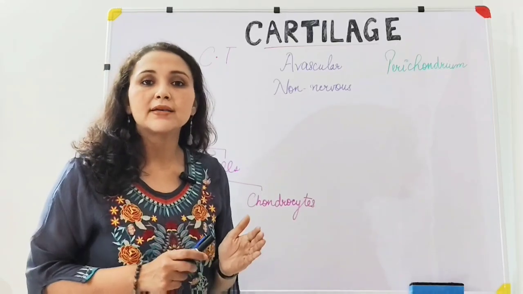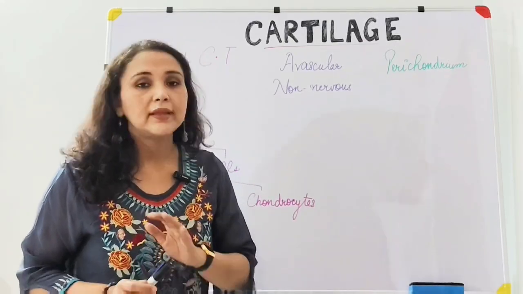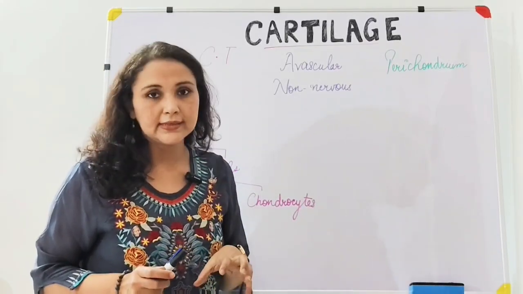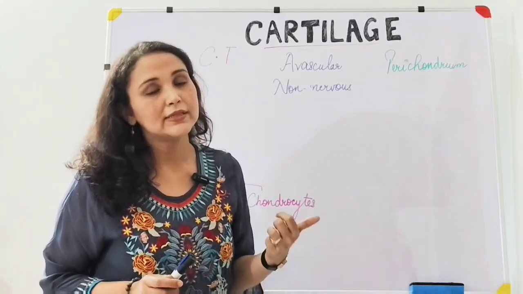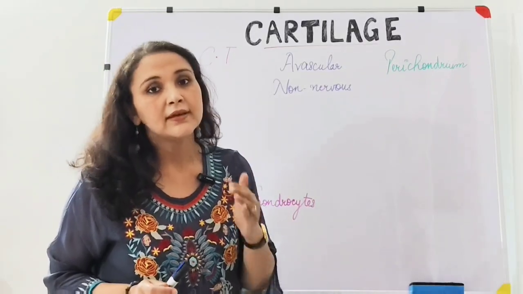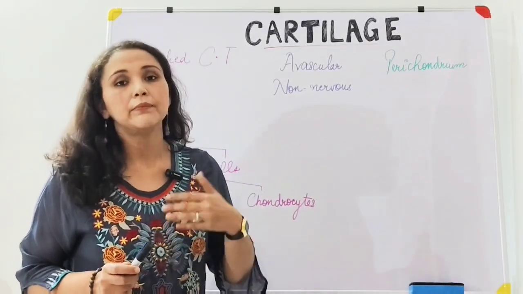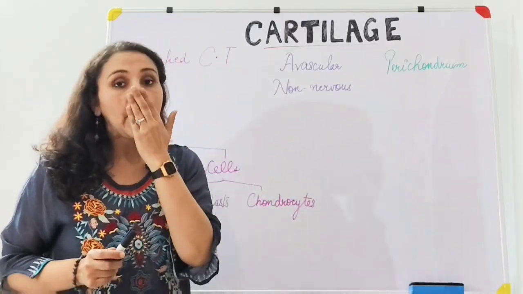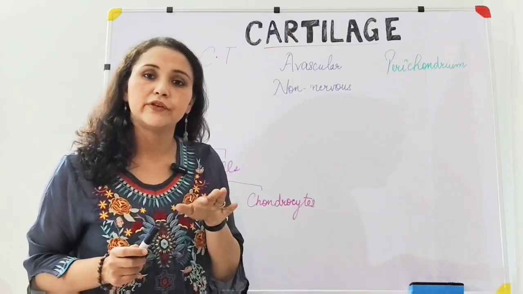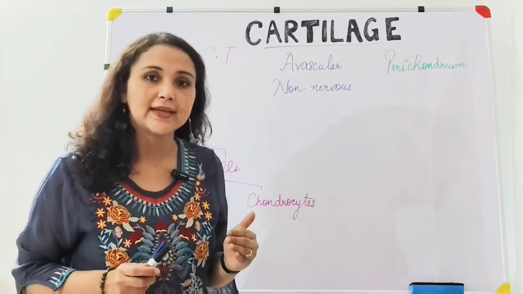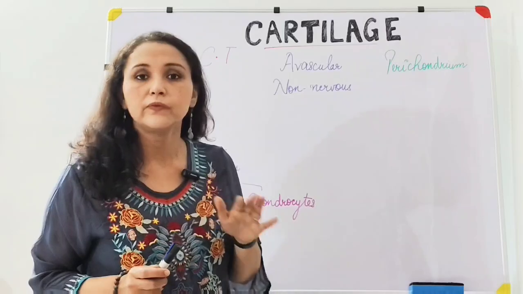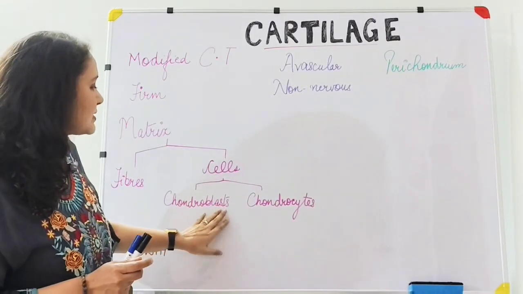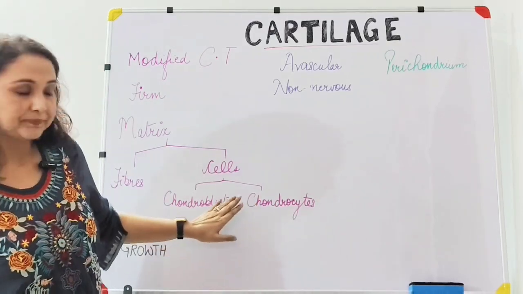And once the chondroblasts are mature enough that they cannot divide any further and they are embedded deeper in the matrix, then they are known as chondrocytes. That means the cells that are dividing rapidly and producing more cartilage are known as chondroblasts, and the cells which have lost the power of further division are known as chondrocytes. So they are mature and they do not divide further. So these are the two types of cells, chondroblasts and chondrocytes.